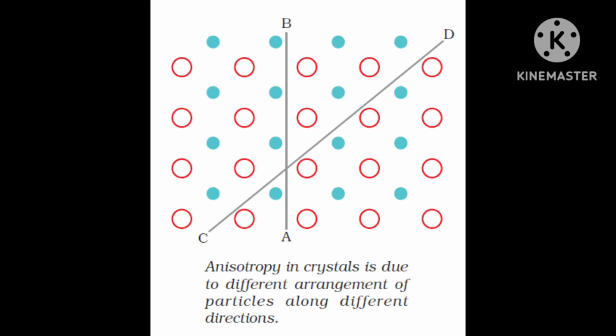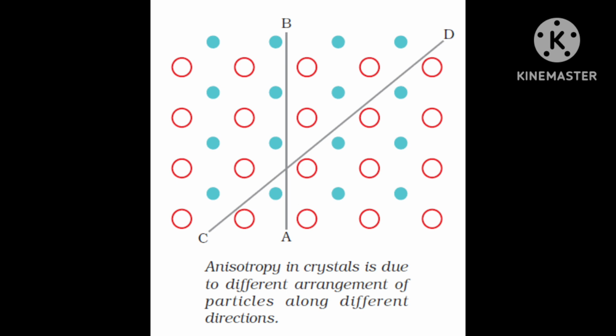There are only 14 possible three-dimensional lattices. Again an important point: if the question is asked, how many, there are only 14 possible three-dimensional lattices. This is because of one scientist, a mathematician, whose name was Bravais.